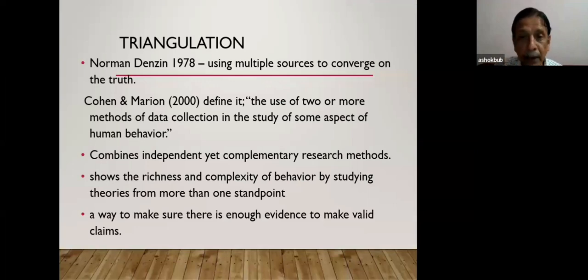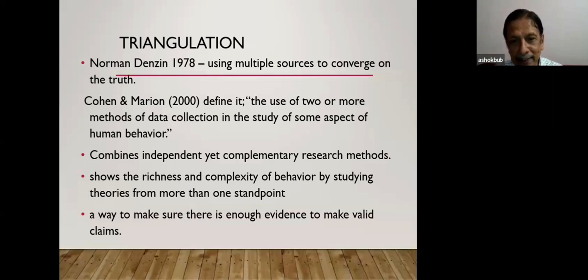In order to identify the truth, multiple sources are used to converge, and that convergence will give you the truth. Cohen and Manion in 2002 define triangulation, or the multi-method, as the use of two or more methods of data collection in the study of some aspect of human behavior.